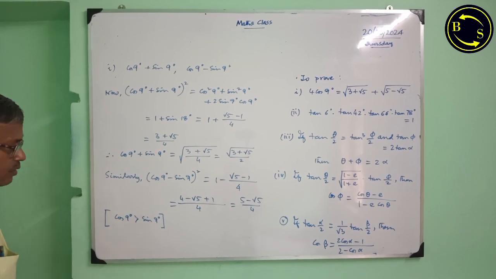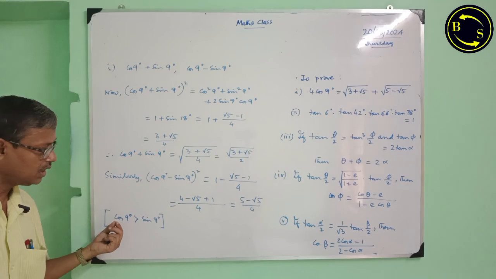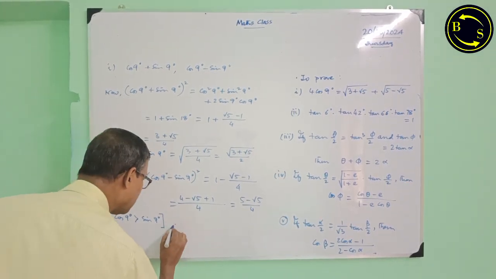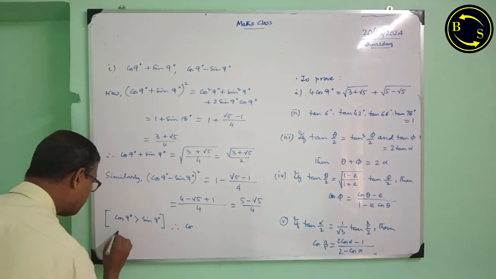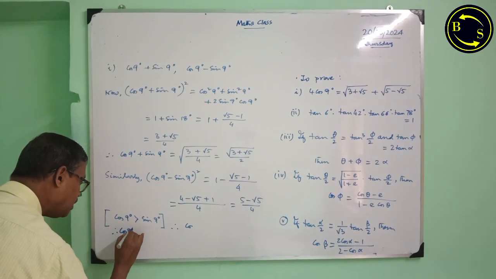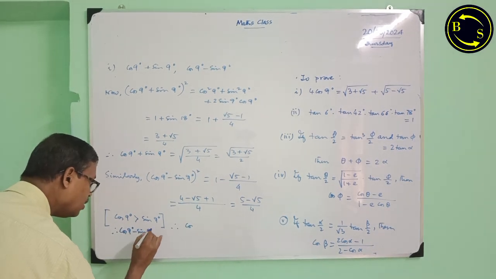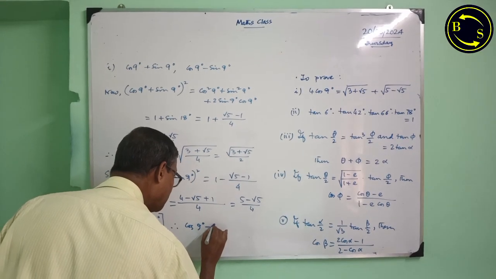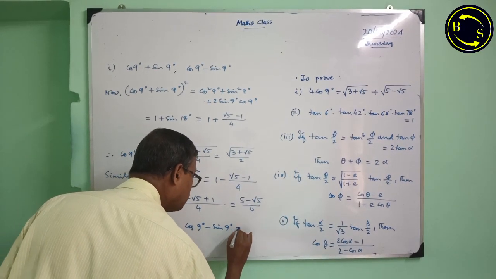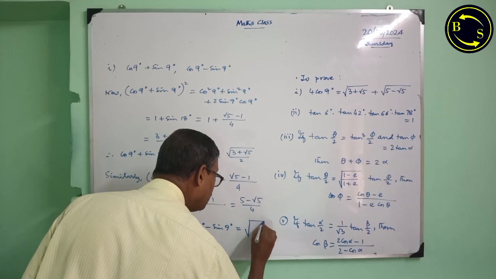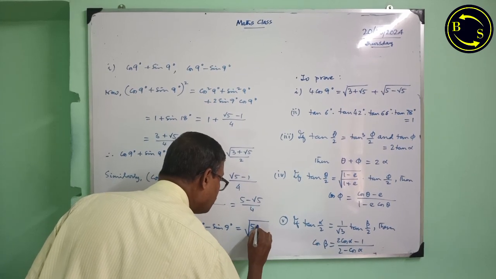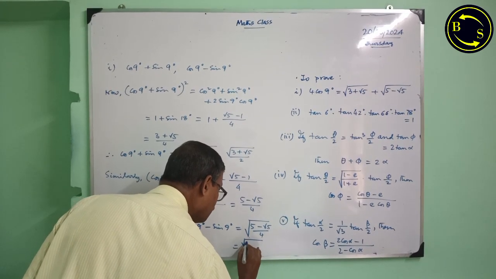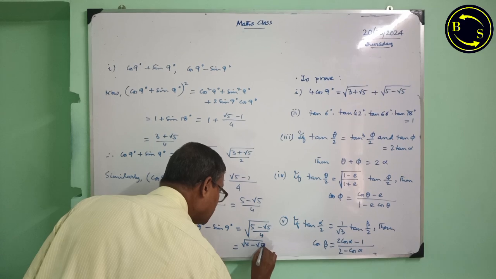You will find that within 0 degree and 45 degree, cos theta is greater than sin theta. Therefore, cos 9 degree minus sin 9 degree is positive. Therefore, cos 9 degree minus sin 9 degree will be equal to the positive square root of this value 5 minus root 5 by 4, that is root over 5 minus root 5 by 2.